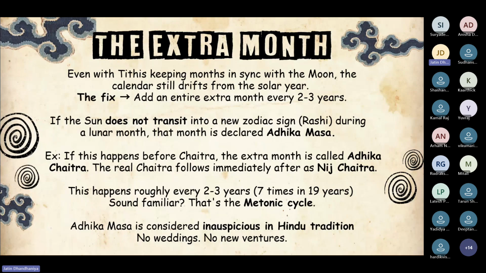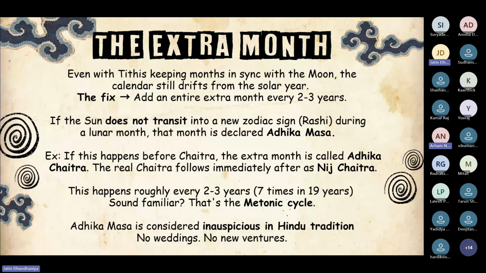We are not getting into this detail because it's a long story, but just for a short note, this month currently is Adhika Masa and it will end in 3 to 4 days right now. Example, if this happens before Chaitra, the extra month is called Adhika Chaitra and the real Chaitra follows immediately after as Nij Chaitra. This happens roughly every 2 to 3 years, 7 times in 19 years because of the Metonic cycle.